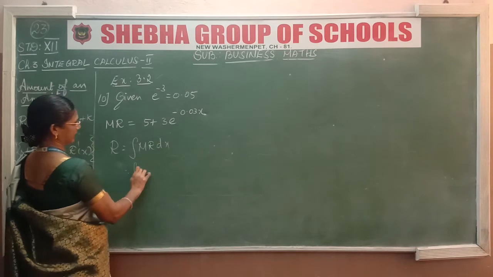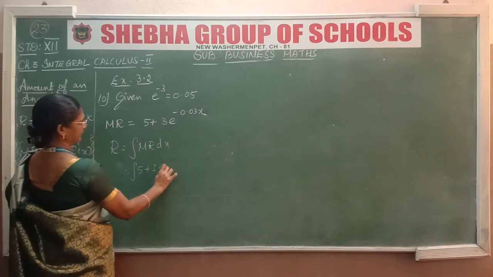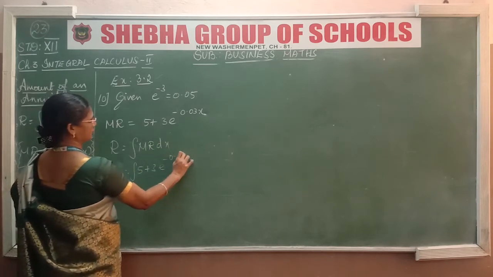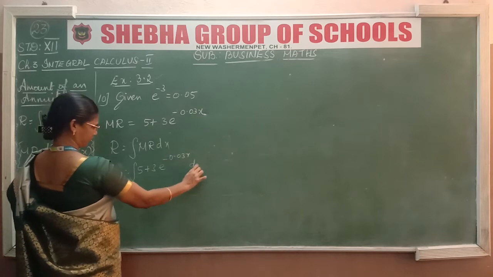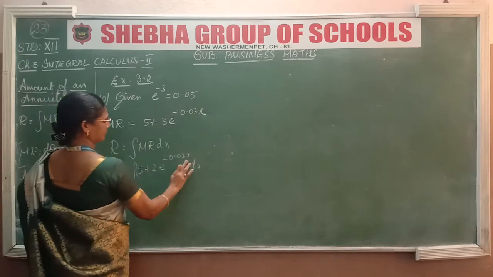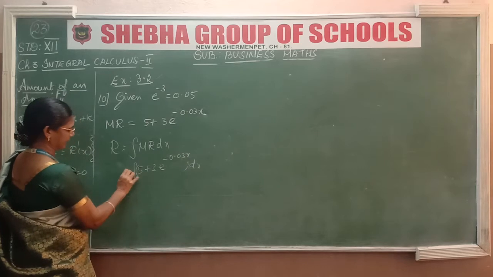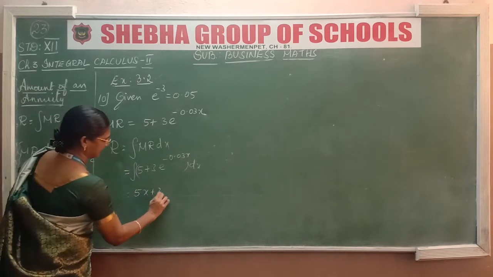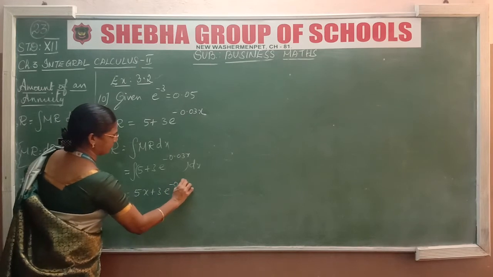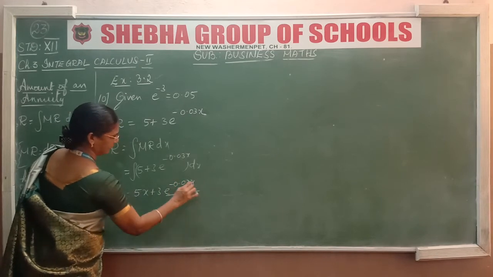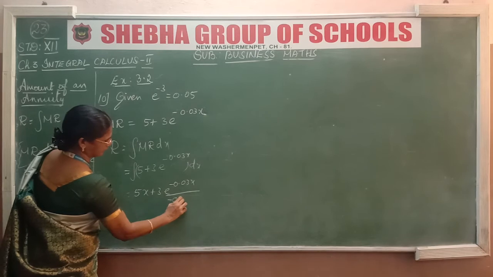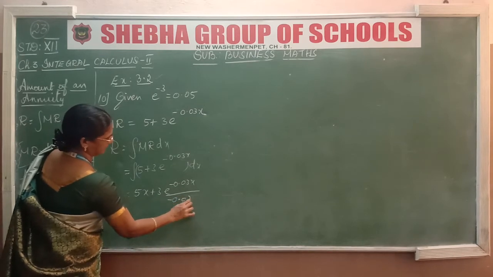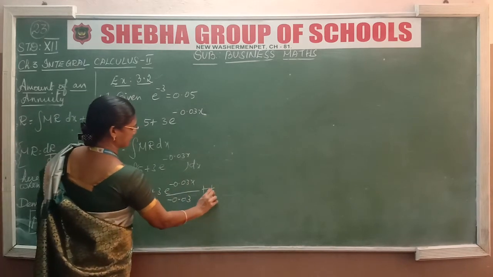This is equal to integral 5 plus 3 into e power minus 0.03x into dx. This is equal to, integrating, we get 5x plus 3 into e power minus 0.03x by the coefficient of x, which is minus 0.03, plus some constant k.